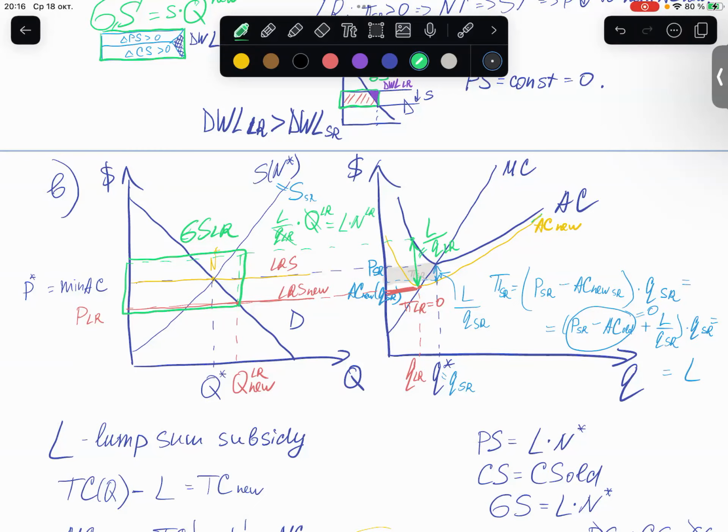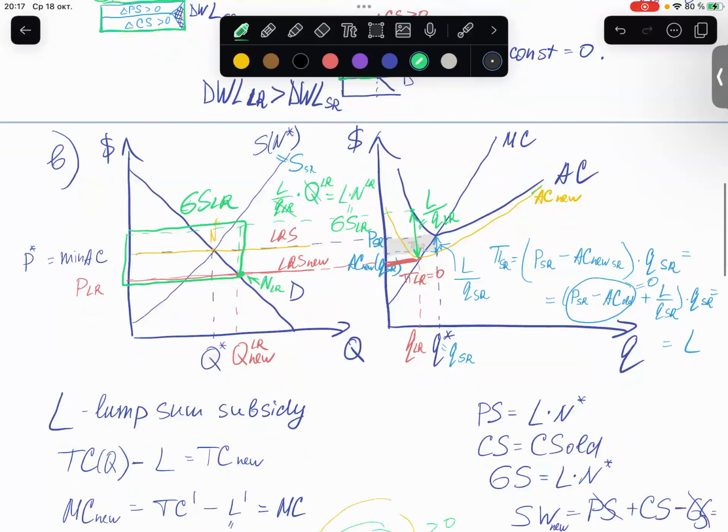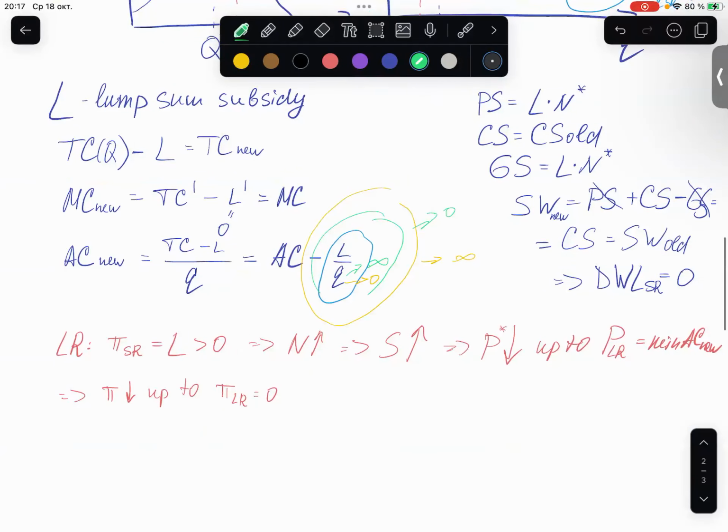And these are exactly the government spendings in the long run. Because in this point, there will be another number of firms, because more firms will enter the market. And what we see? We see that the producer surplus in the long run stays the same as before. It is 0, because profits are equal to 0.